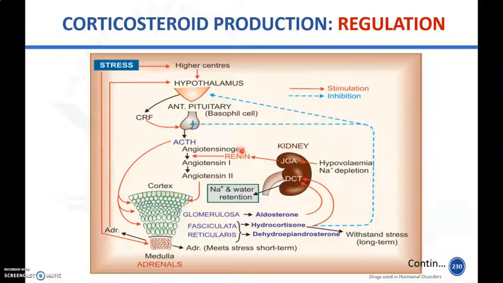Now there is some negative inhibition in this process. If there is an excess of hydrocortisone level which helps withstand stress over the long term, this will negatively inhibit the anterior pituitary as well as the hypothalamus, thereby decreasing the production of CRF as well as ACTH.